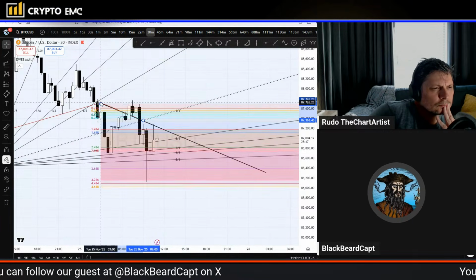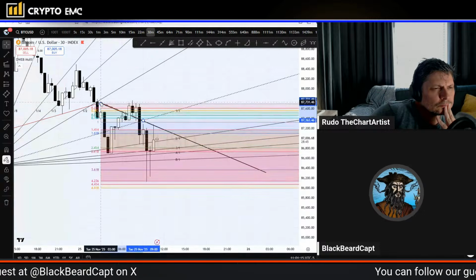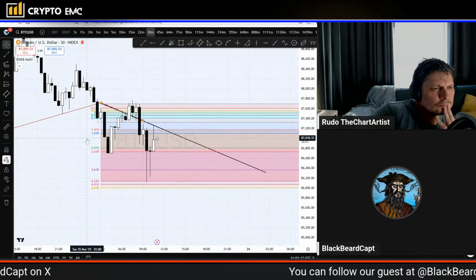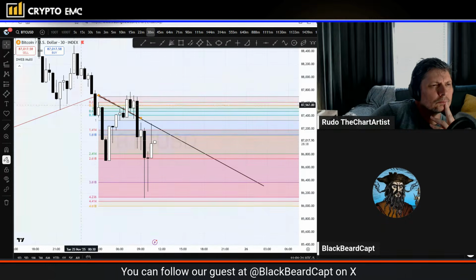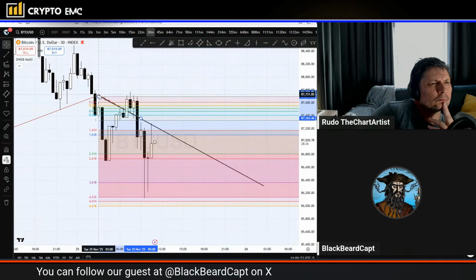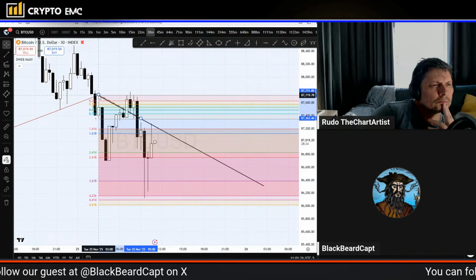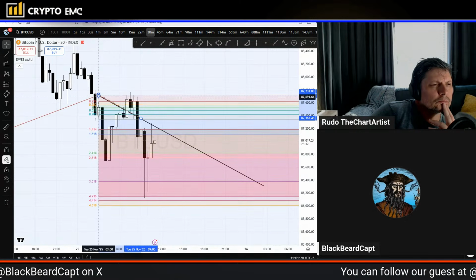It's just like if you were into that type of macro, zoomed-in trading, lots of different things that you can use these for. So there we go. So there you go.